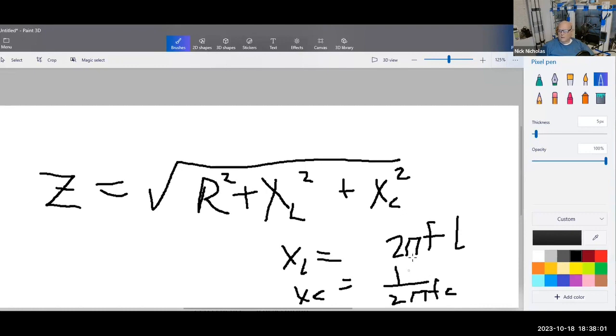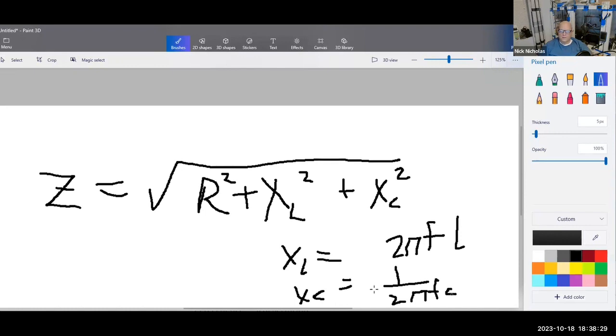Pi is the mathematical number 3.14, whatever. And F is the frequency. L is inductance in Henrys. And C is capacitance in farads.